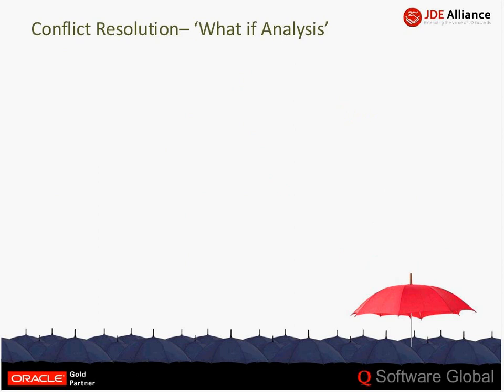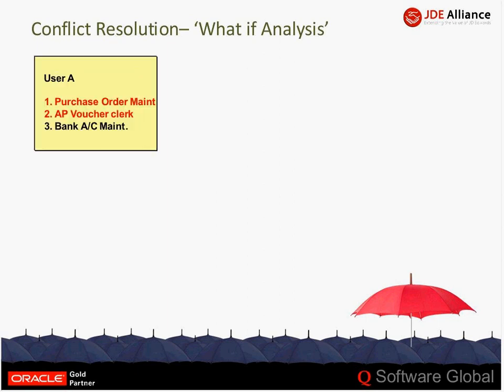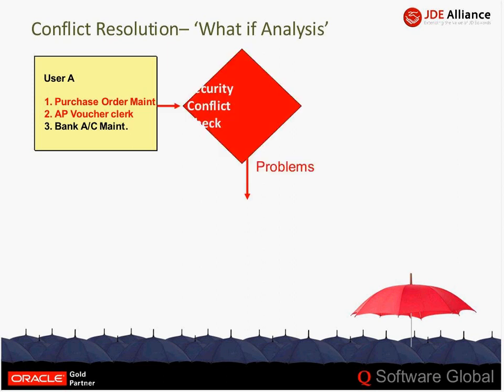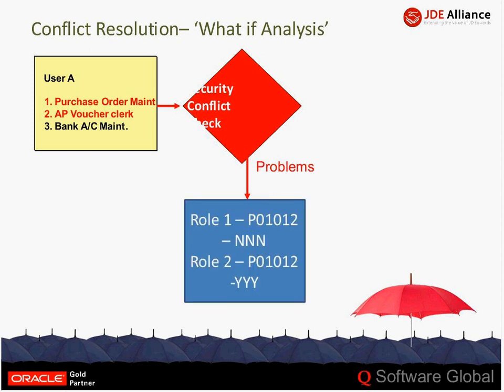So what if I give this security to this role or this user? What conflicts will they have? So the user has 3 roles: purchase order maintenance, AP voucher clerk, and bank account maintenance. My text has gone off center, but we do a security conflict check. So role 1, P1012 with action code add no, change no, delete no. And role 2, P1012 with add yes, change yes, delete yes.